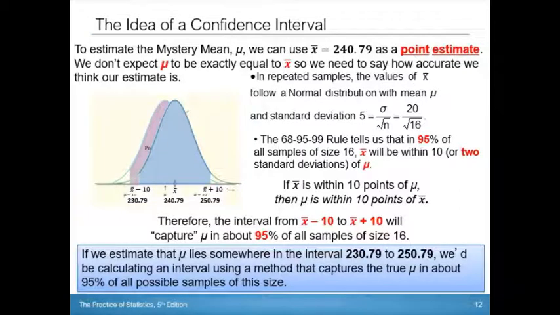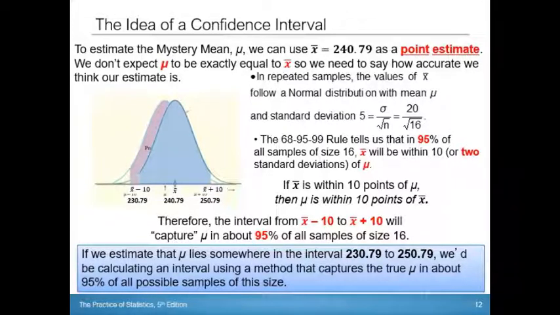All right, so if we want to estimate mu, we want to say that it's somewhere in the interval of 230.79 to 250.79. We'd be calculating an interval using a method that captures the true mu in about 95% of all possible samples. And so that's what it means. It doesn't mean that we have a 95% chance that we captured the true mean.